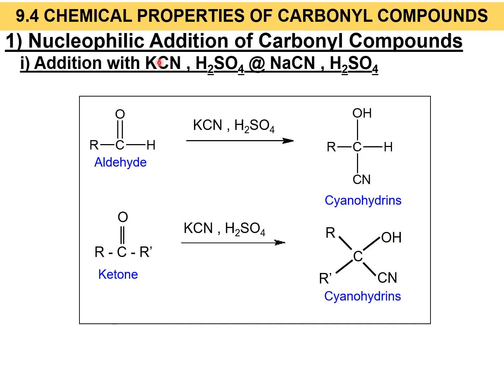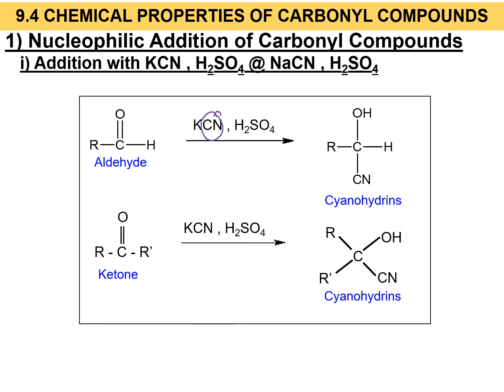Alright, so let's look at the first type of nucleophilic addition of carbonyl compounds, which is the addition with nucleophiles such as KCN ataupun NaCN followed by H2SO4. Alright, so tak kisahlah kalau you ada carbonyl compound such as aldehyde ke, ketone ke, and then kalau dia react with nucleophile such as KCN ataupun NaCN, in here basically the nucleophile yang kita gunakan adalah CN ya.